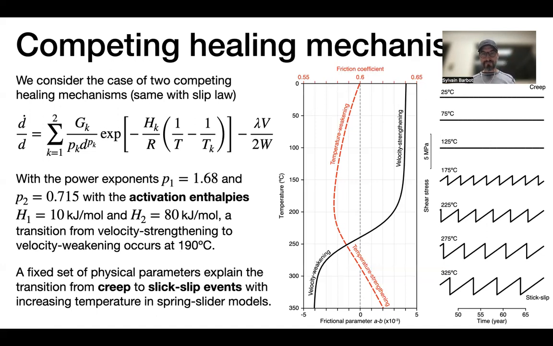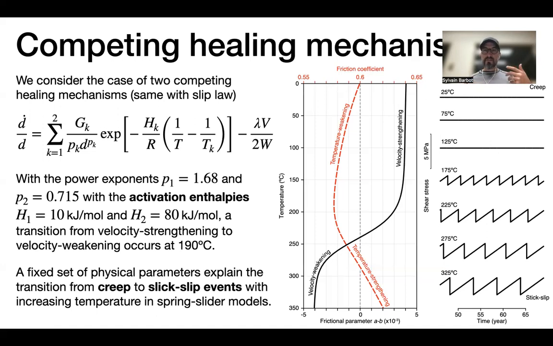Temperature weakening, transitioning to temperature neutral, and then temperature strengthening or temperature hardening in the high temperature regimes. So we can also look at the frictional response under steady loading, simulating a tectonic loading of the fault zone. And so it's basically a spring slider kind of situation.